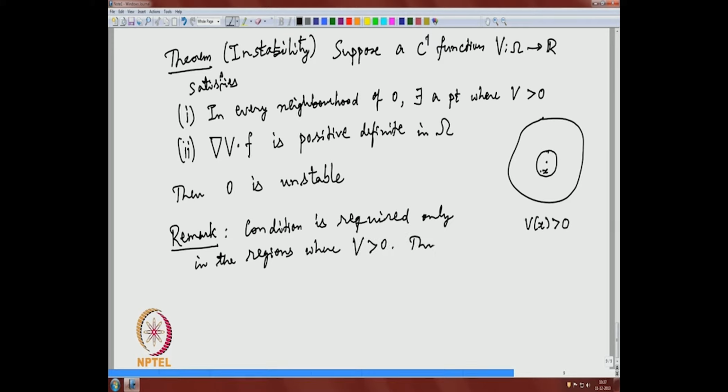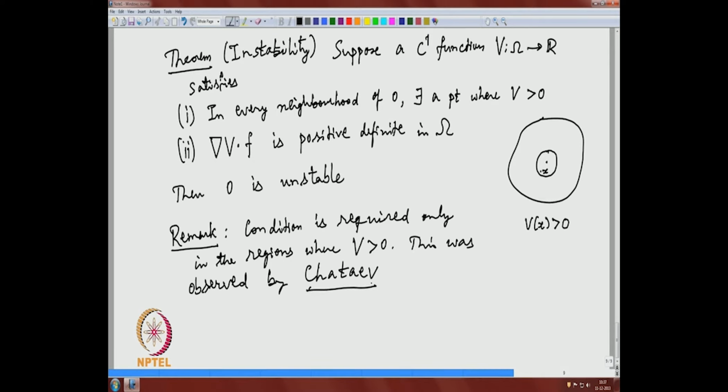So, this was observed by Chetov. Russian names, so I might have misspelled it, but this is okay.